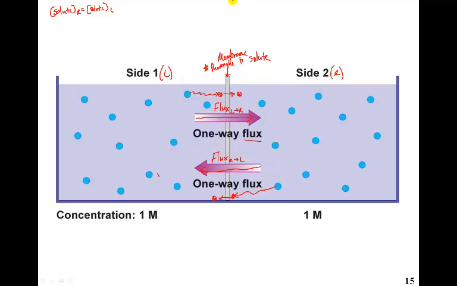Since the two concentrations are equal, as we just explained, the flux left to right is going to be equal to the flux right to left. And then we want to be able to quantify transport. What we want to do is put a number on the question, what's the overall flow of solute molecules? So we're going to call that net flux.